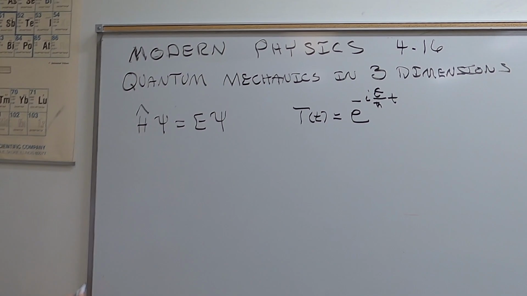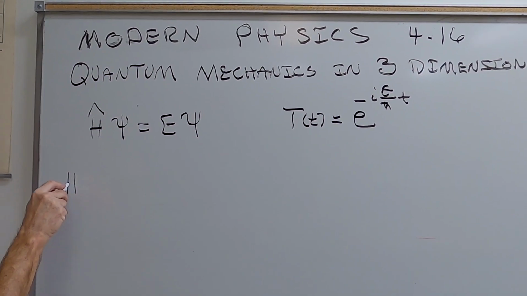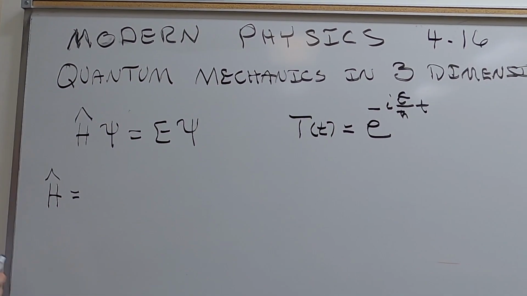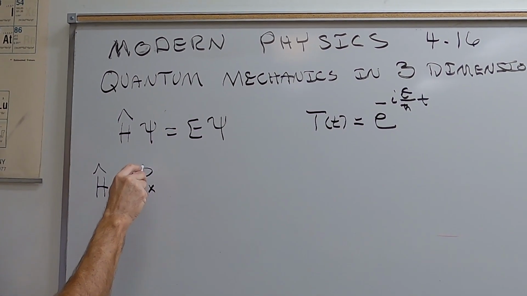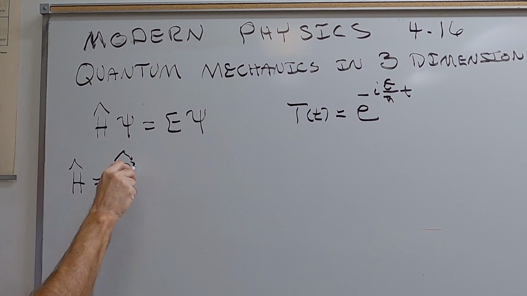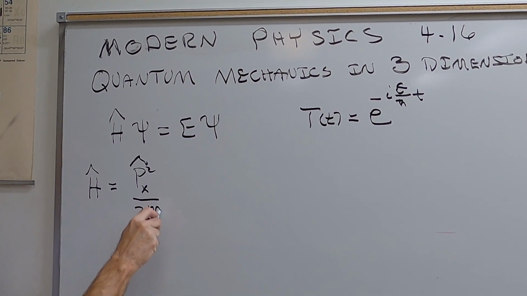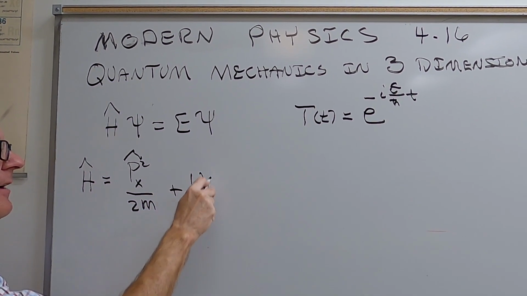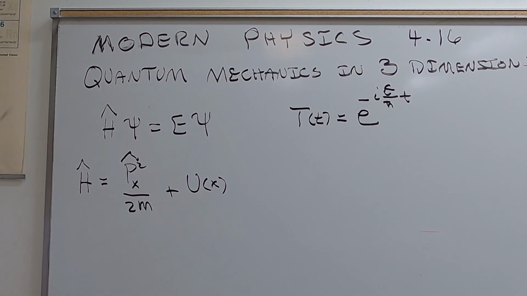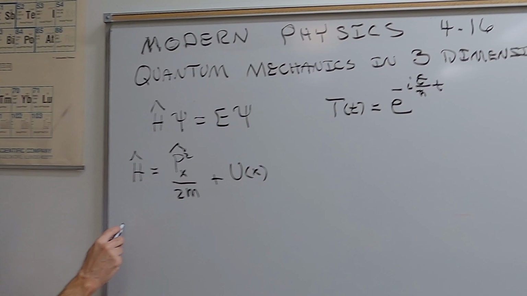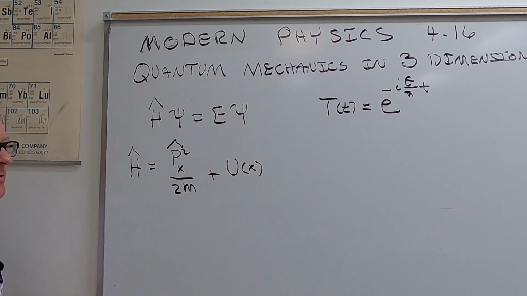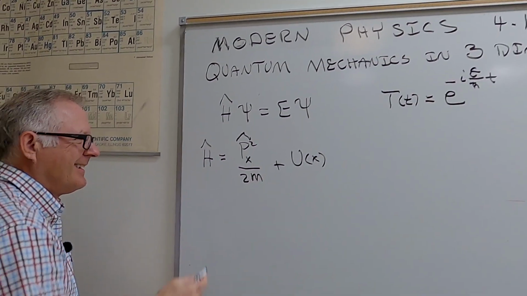What did we have for H before? Before, we had H as the kinetic energy, but we were only in 1 dimension, so it was px squared all over 2m plus U of x. That was our Hamiltonian before. Now, in 3 dimensions, we're still only going to have 1 potential, but it's going to be a function of x, y, and z.